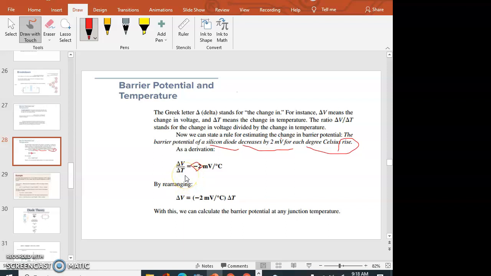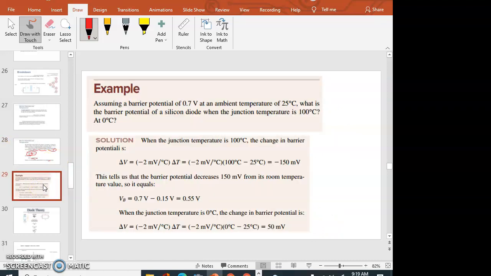So, rearranging now this formula, what we have is the delta T will be multiplied with this quantity. So, for that reason, we have now delta T multiplied with the quantity negative 2 millivolt per degrees Celsius. So, for us to know how will it affect the junction or the barrier potential with the change in junction temperature, let us now solve this example.